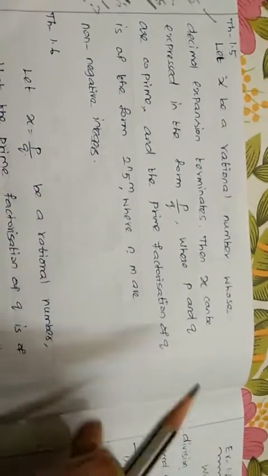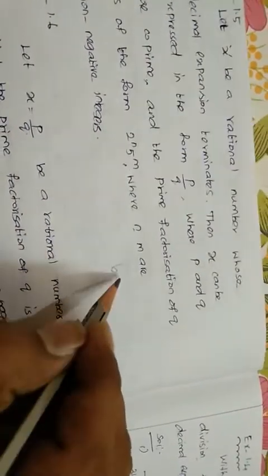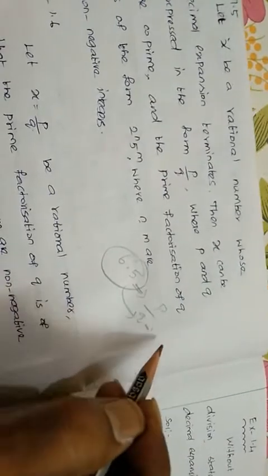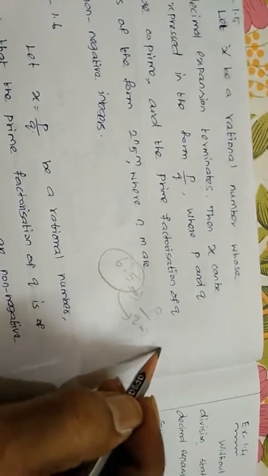So the idea is simple. If it's terminating, like 6.5, we can write it in p by q form. If it's terminating, then definitely this q, that is the denominator, is of the form 2 power n into 5 power m, where n and m are some integers, that is 2 power 2, 5 power 3, or 2 power 1 into 5 power 4, like that.